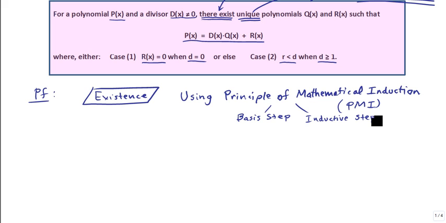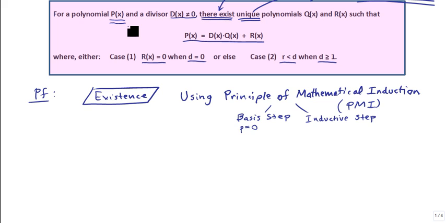Now, in the basis step, I'm going to just take the degree of the polynomial little p to be 0. And the way to distinguish between little p and capital P, in the way I'm going to write this out, when I refer to capital P, I'll try and say it's p as a function of x. And when I'm talking about little p, there won't be that function of x. So hopefully from the context and also that little device, it should be clear what we're talking about.